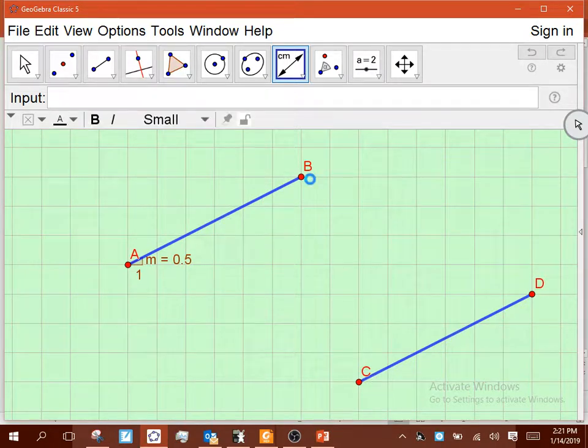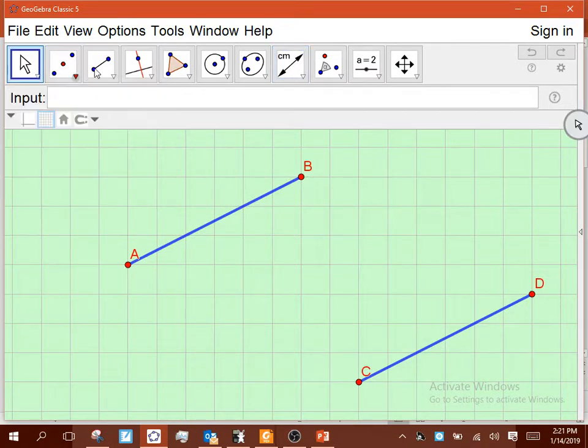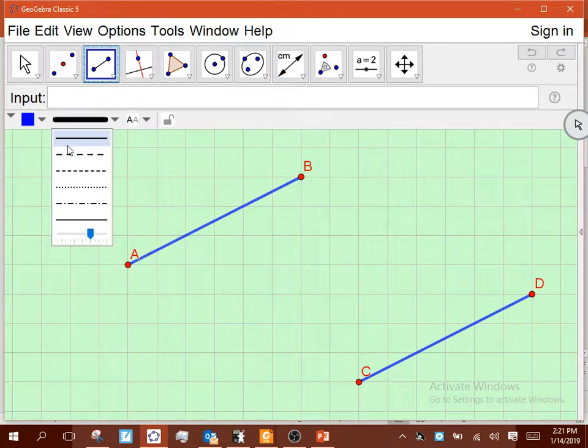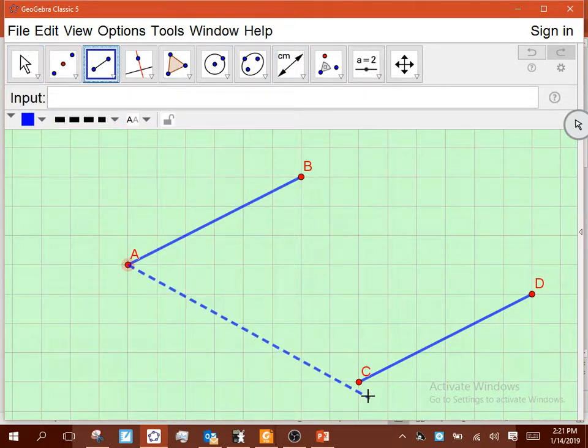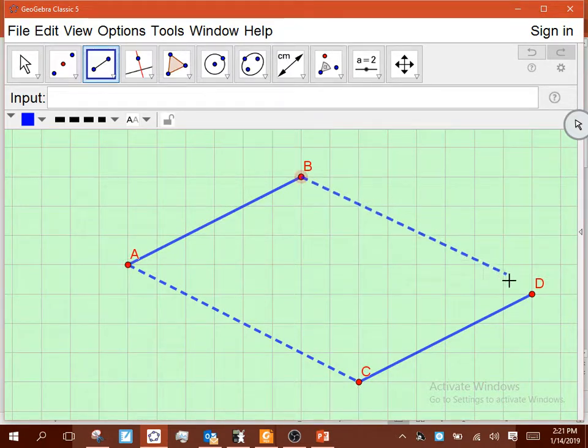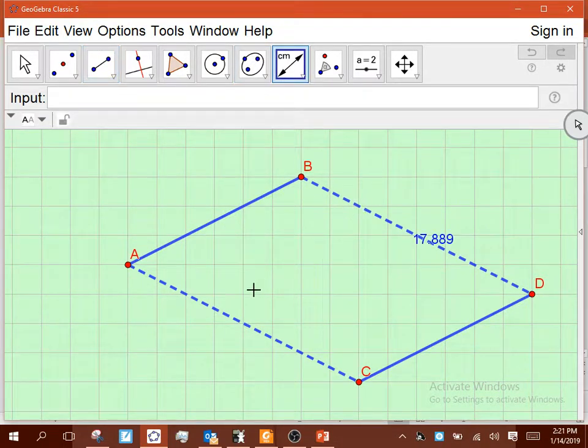Okay. So if I do that then, let's look at that segment there and that segment there. What is a byproduct of the solid ones being congruent and parallel? What happens with the dotted ones? What would you agree with the dotted ones? They're congruent, right? Okay.